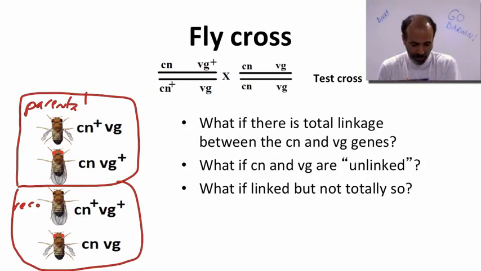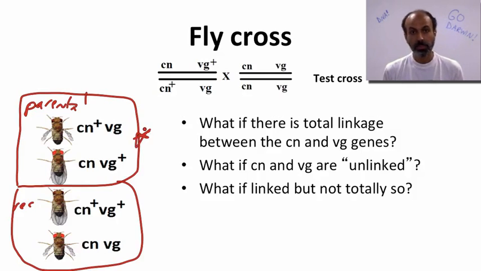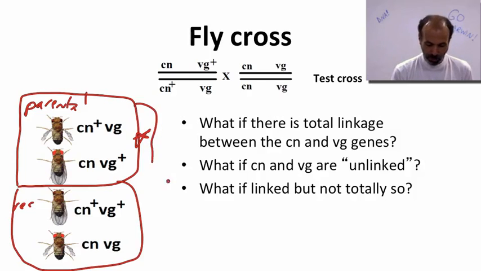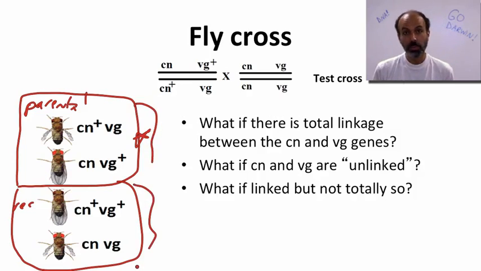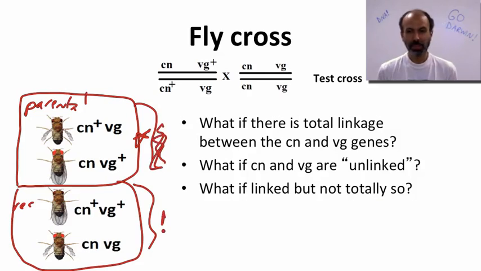What would you get? If there's total linkage, you'd only get these two forms, right? If cn and vg were completely unlinked, you would get half these forms, half these forms. So maybe a quarter of each of the lines there. But what if they're linked but not totally so? That's when you get mostly these and a little bit of these.